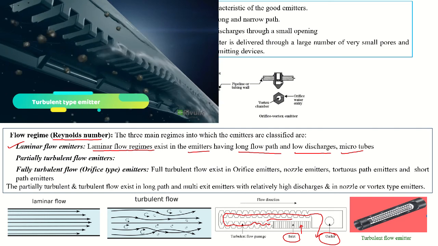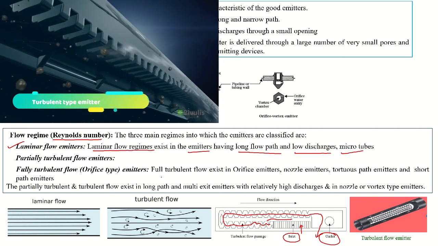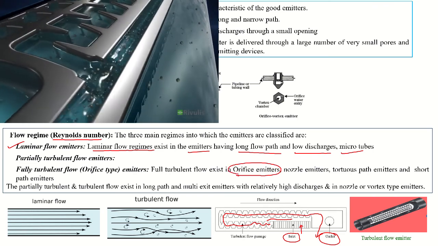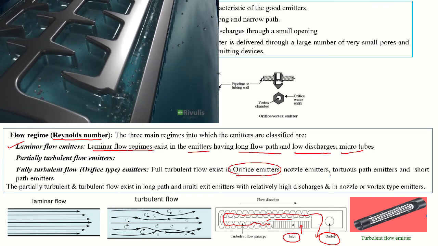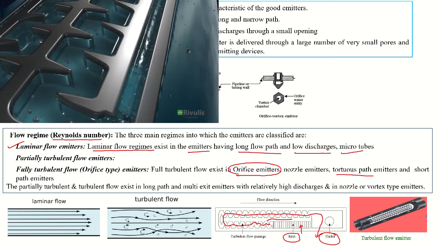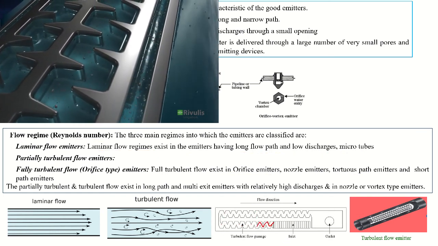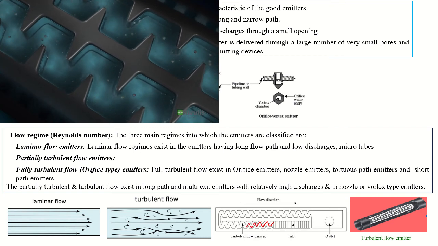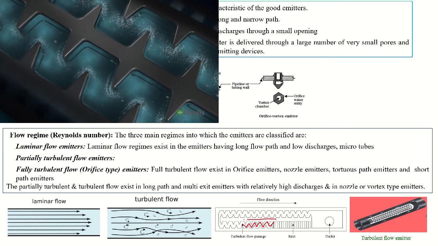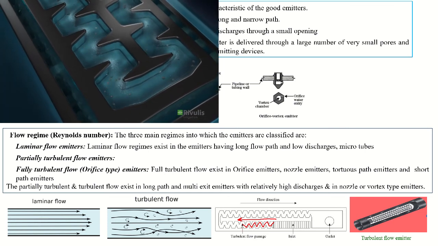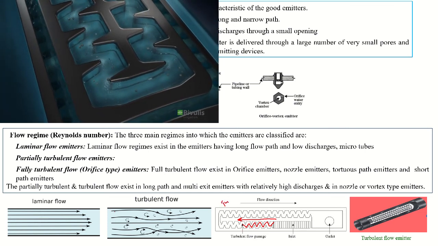Whereas in the fully turbulent or orifice emitter, full turbulent flow exists in the orifice emitter, like this here. And then the tortuous path. This is called your tortuous path. See the zigzag path like this, so not straight. In this case, full turbulence is created as shown in this picture.